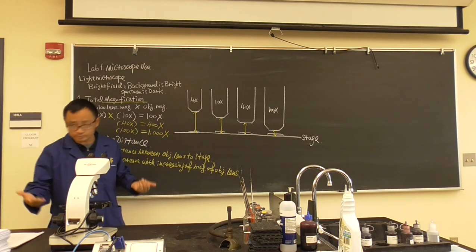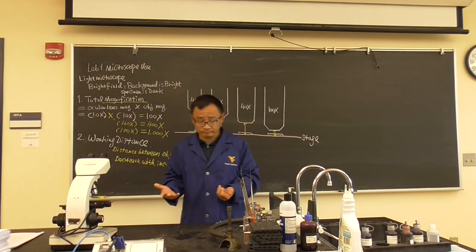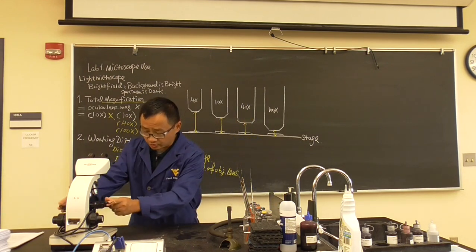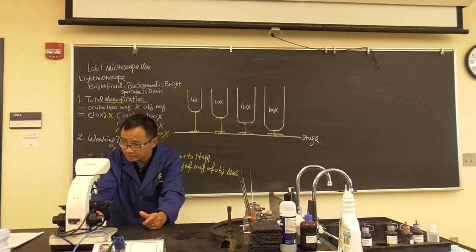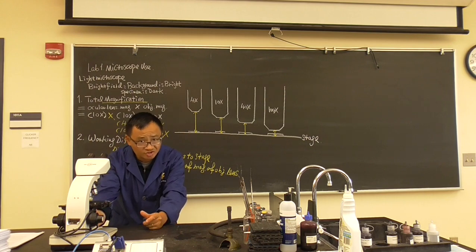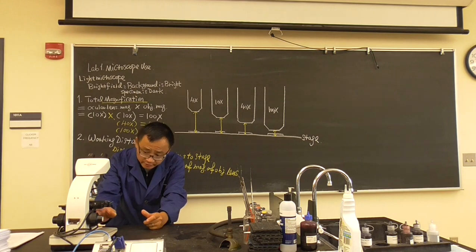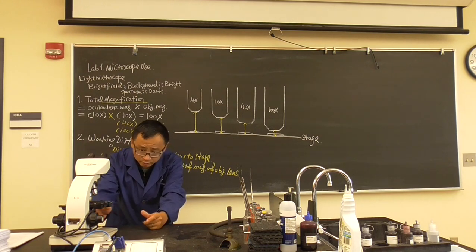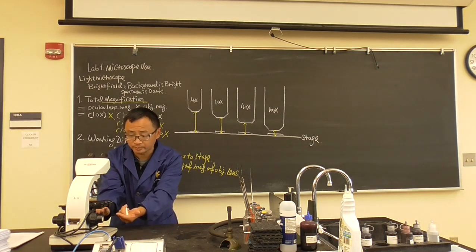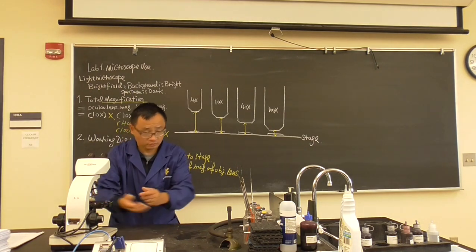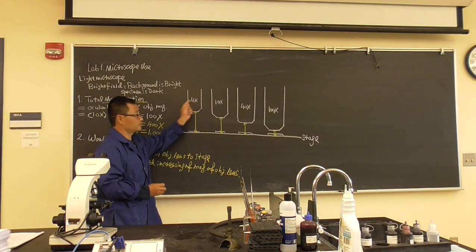So here comes a problem. What is the problem? Underneath the stage, there is a light source. And we talk about the light microscope, which means the energy is light. The light is right here, there is a condenser, and there is something that controls the light amount, we call it an iris diaphragm. The light goes from the bottom of the stage, first through the air, and then to the objective lens.